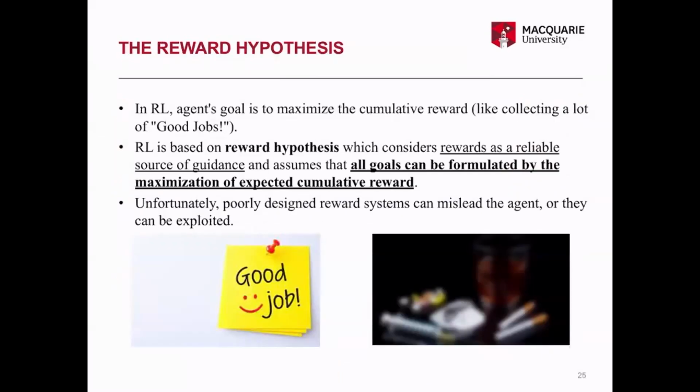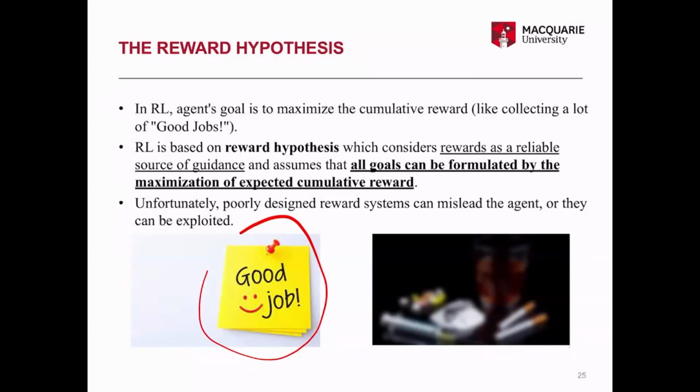So let's talk about the reward hypothesis. In reinforcement learning, the agent's goal is to maximize the cumulative reward, like collecting a lot of good jobs, right? So the agent's goal is to maximize its total reward, not necessarily the most immediate one. As a result, reinforcement learning is based on something called the reward hypothesis.